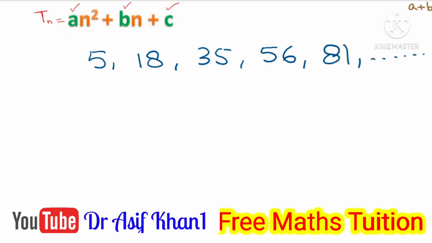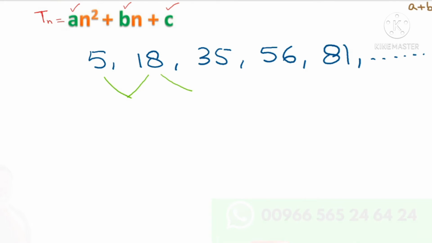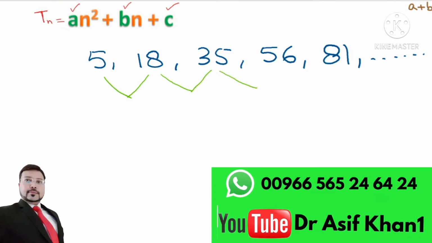First of all we will check whether the difference is the same or not. We check 18 and 5, then 35 and 18, then 56 and 35, and 81 and 56. 18 minus 5 is 13, then 17, then 21 and then 25. It means the common difference is not the same.